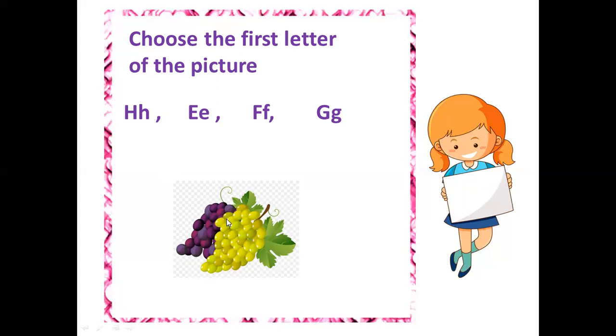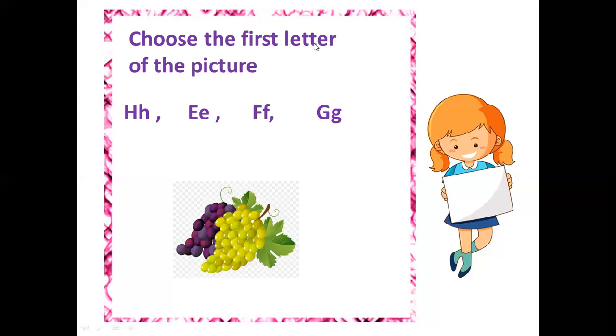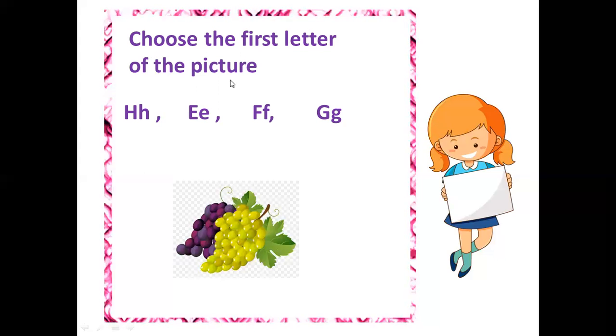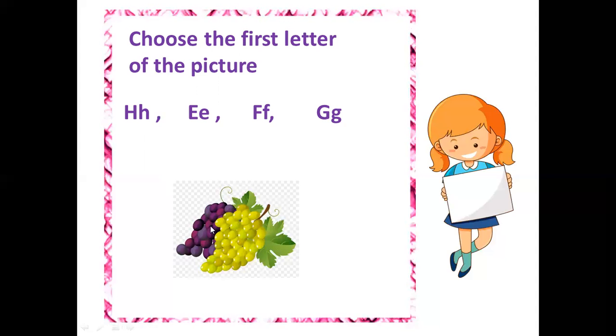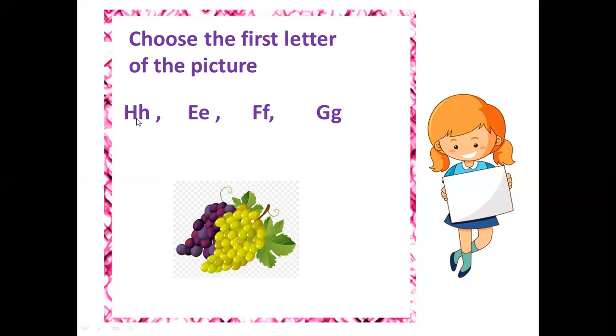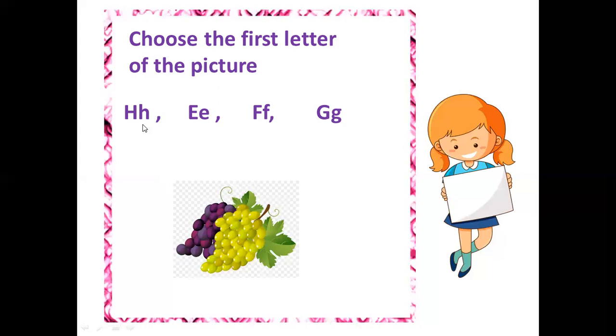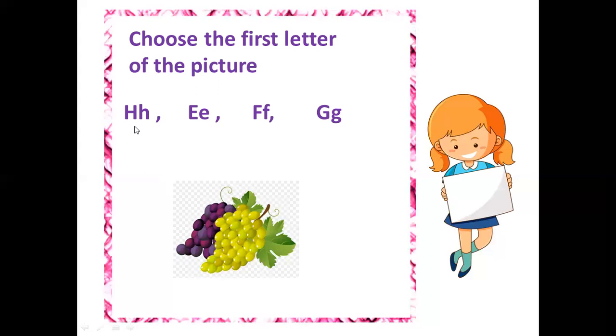There's a picture of grapes. Again, they say choose the first letter of the picture. So anyone can tell me what is the first letter of the grapes? H? No, we have just learned that H is the first letter of helicopter.